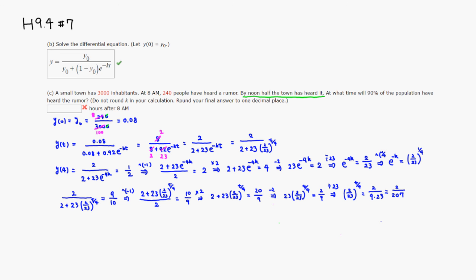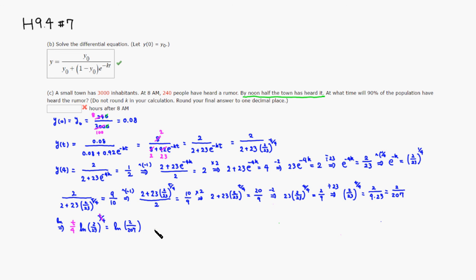Then we can just take the natural log of both sides. So we get natural log of 2 over 23, raised to the t over 4, is equal to natural log of 2 over 207. Then we can actually bring this t over 4 down front.